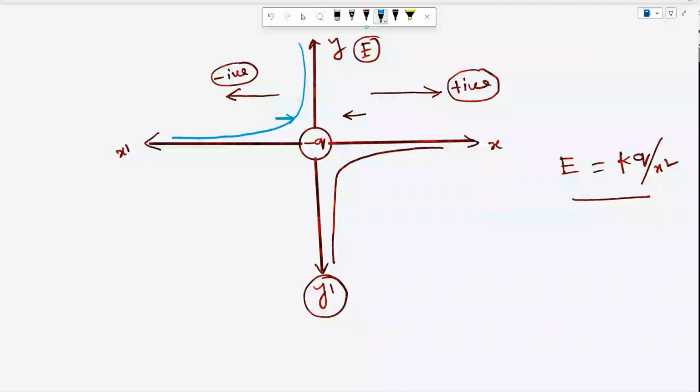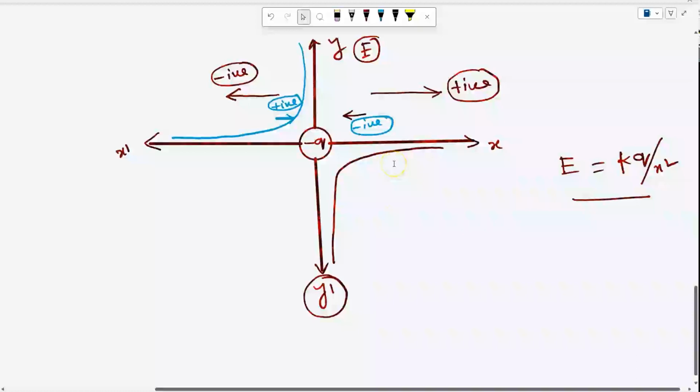Same graph, that E equal to kq by x square, but this time it is directed towards right, so it is a positive quantity. And here it is directed towards left, that's why negative quantity. That's why the graph lies here below the origin along negative y-axis. Here it is above the origin along positive y-axis.